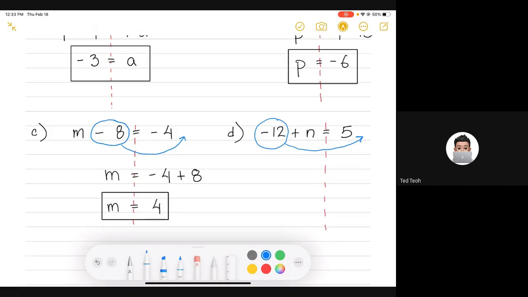I'm going to be left with n on this side. I had 5 on this side. When I bring this -12 over, it becomes a +12. From here, I just calculate 5 plus 12, which is +17. So I'm just going to write 17, and that is my final answer.